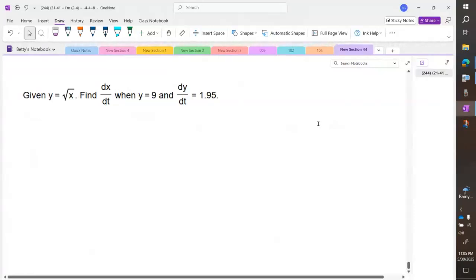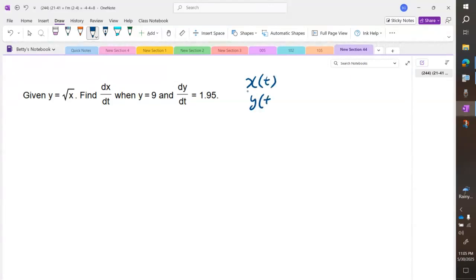Related rate. So in this related rate problem, x depends on t, y also depends on t. T is the input variable. We're going to treat x as a function that depends on t, and y also as a function that depends on t. The implicit function is y equals root x.